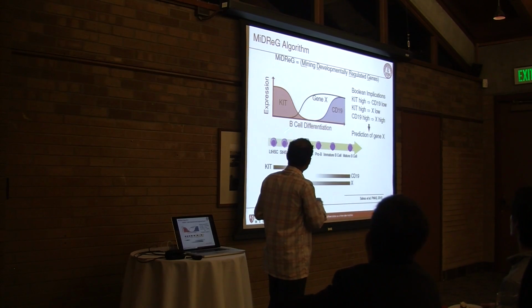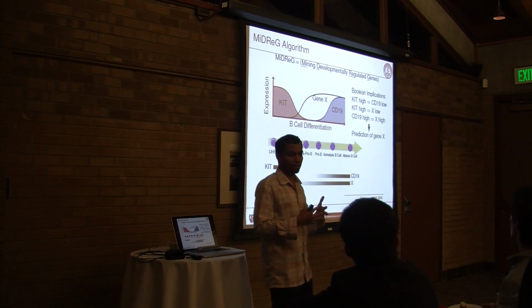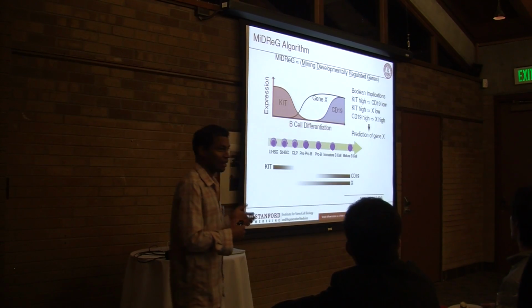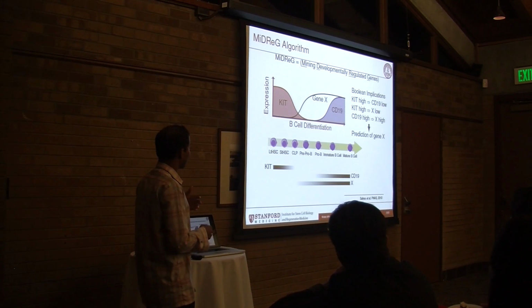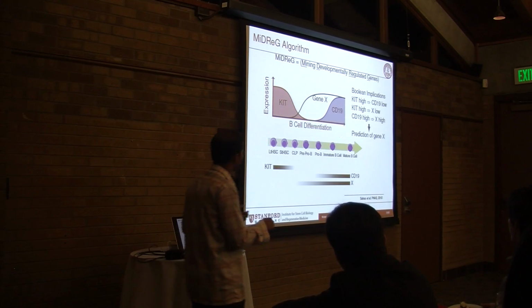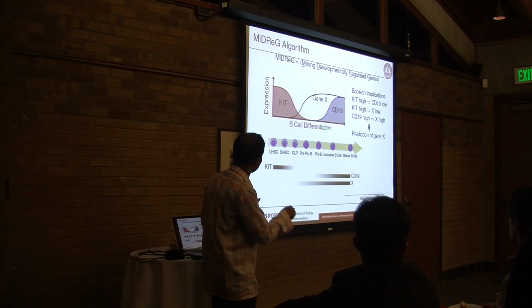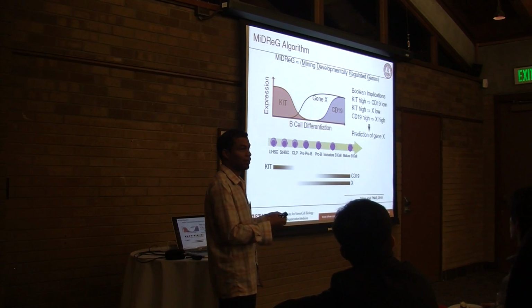It turns out the B cell differentiation is the only pathway where we know a lot. And this is the best understood differentiation pathway that we have characterized so far. We have around 12 different states of differentiation that we can purify and measure.